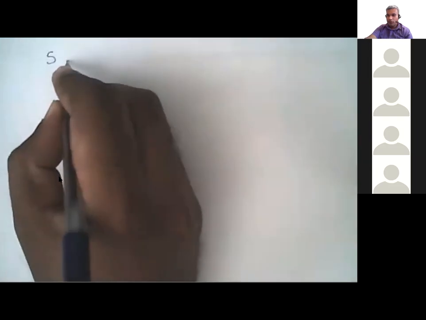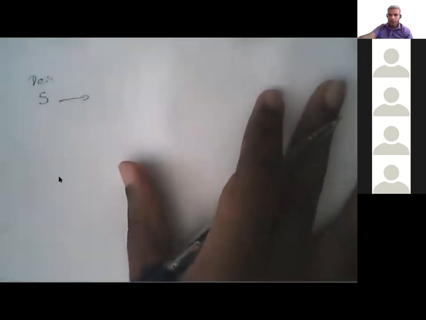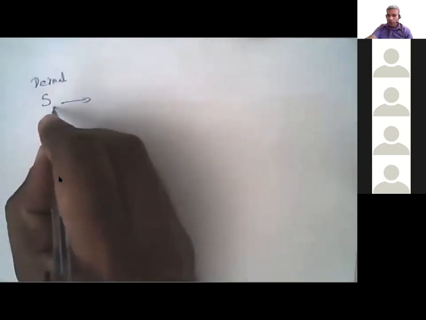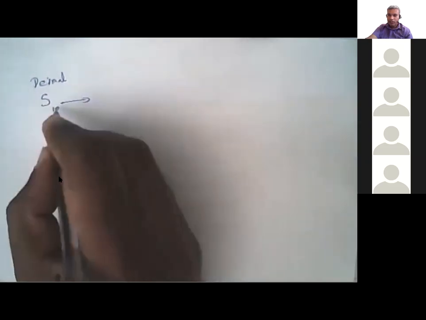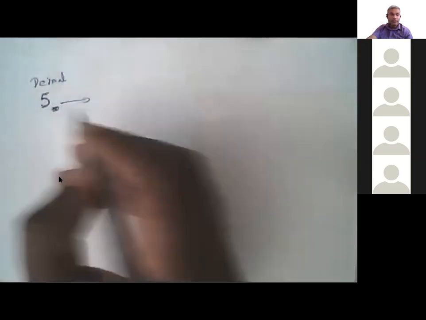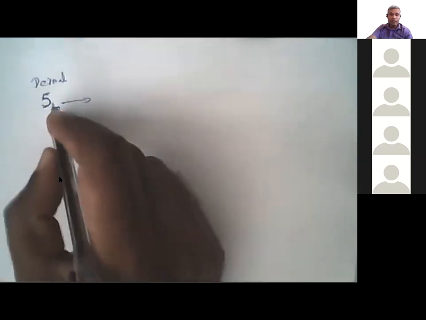Let's say 5. This is a decimal 5. If you really want to be precise, you can write the base 10 here. But since we will be using a lot of numbers, whenever I write something like this, you have to think of it as a decimal number.